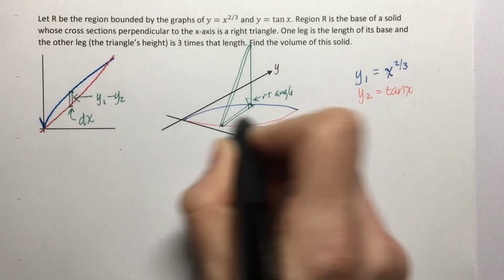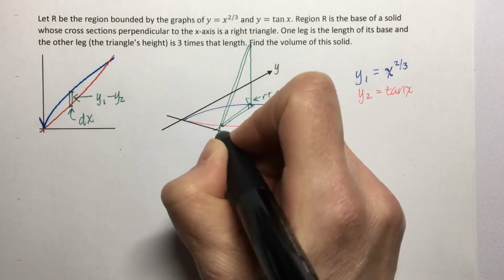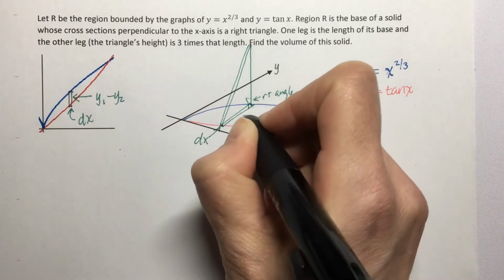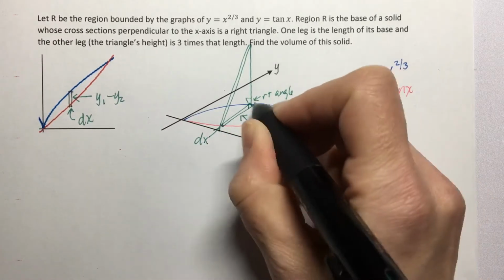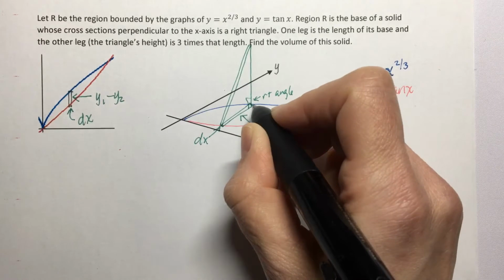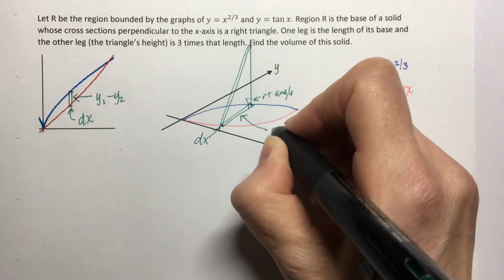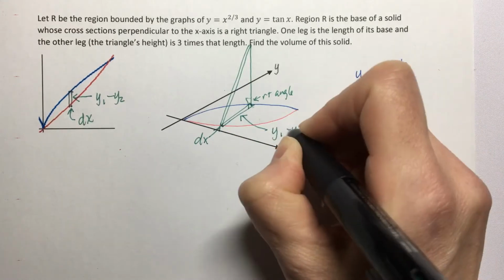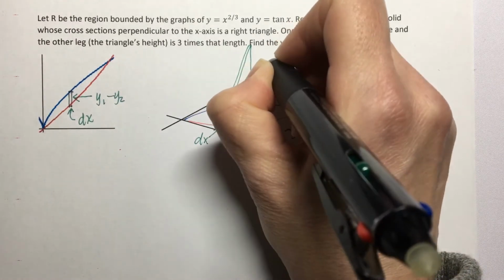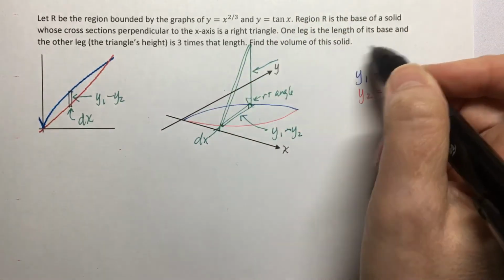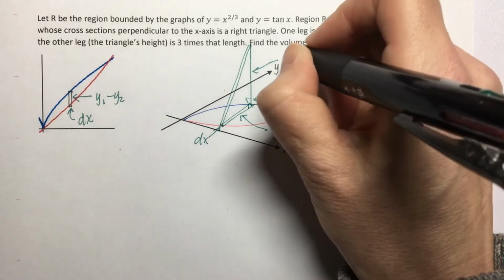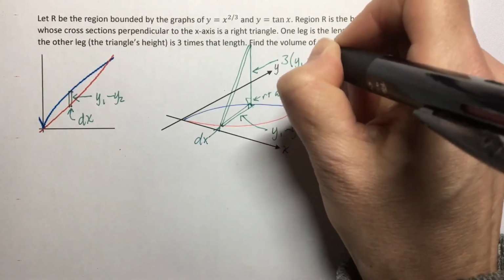Which means coming over to this kind of slanty drawing, I have my dx still. Across the bottom, or the length of the shorter leg of the triangle, is y1 minus y2. And then here, if it's 3 times that length, it's 3 times y1 minus y2.